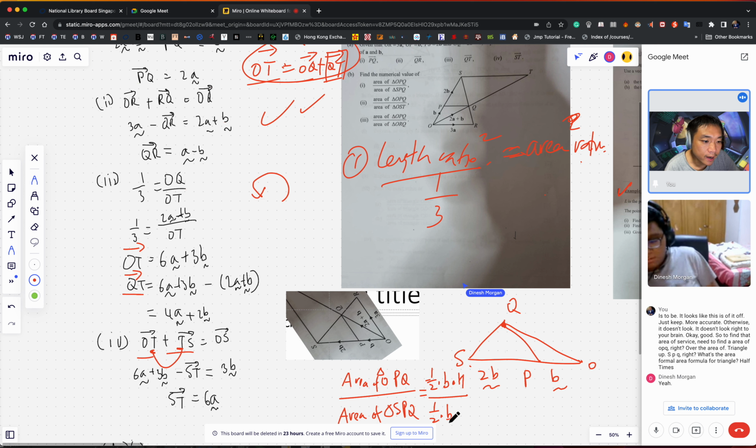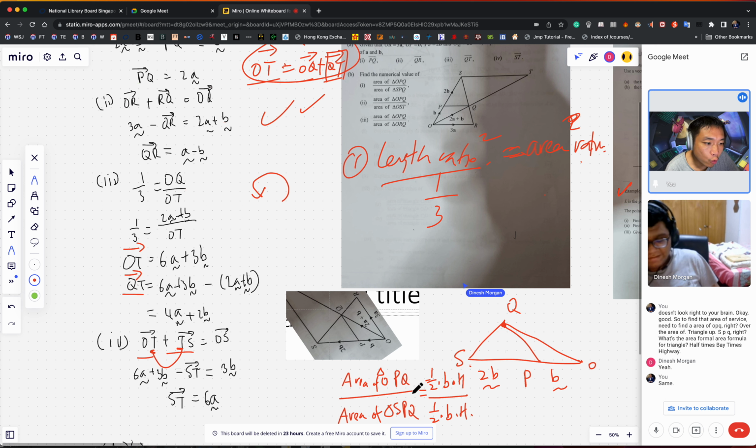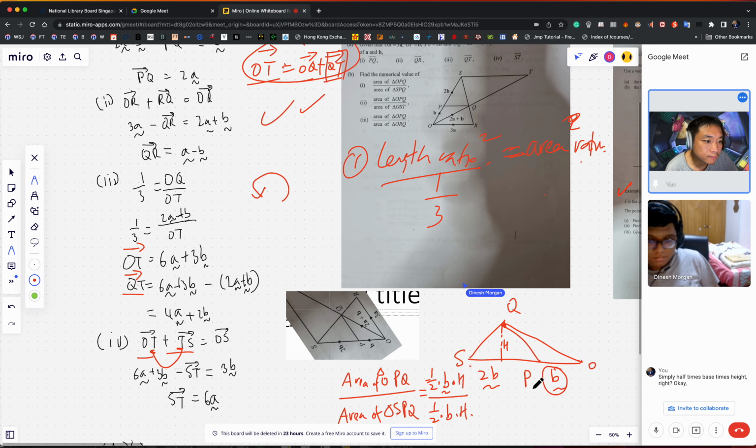Half times base times height, right? Okay. So what is the base for OPQ? OPQ is this one, B, right? So what's the height? This height, right? Yeah. Good. So this is half times base times height. That will give you the area of triangle OPQ.